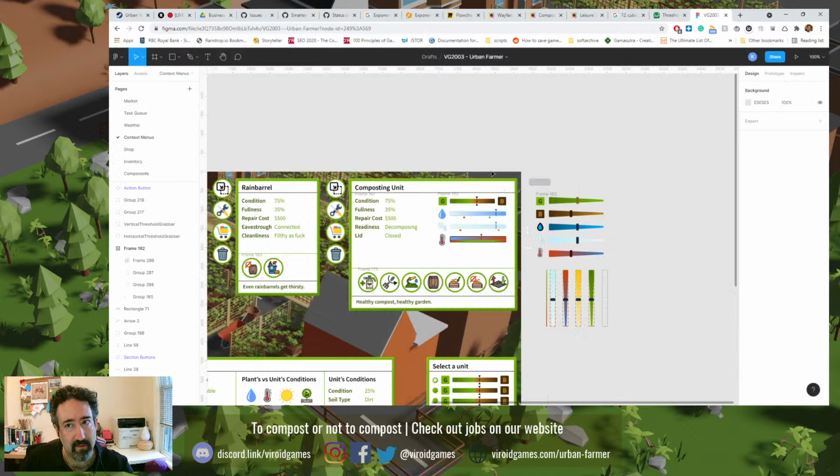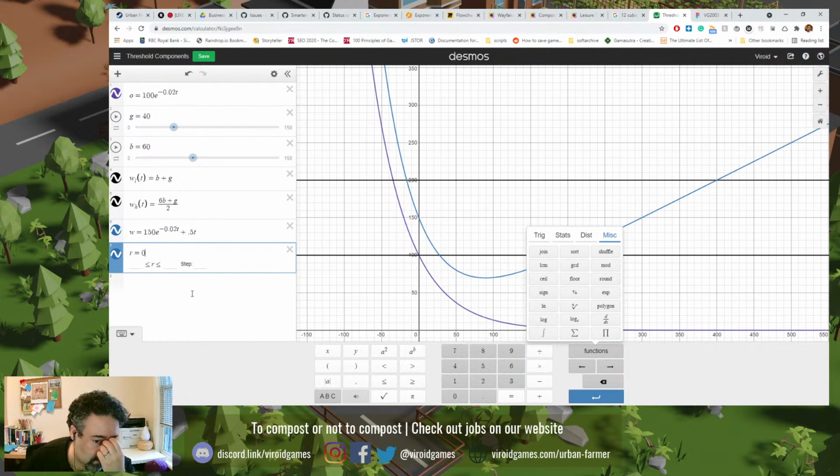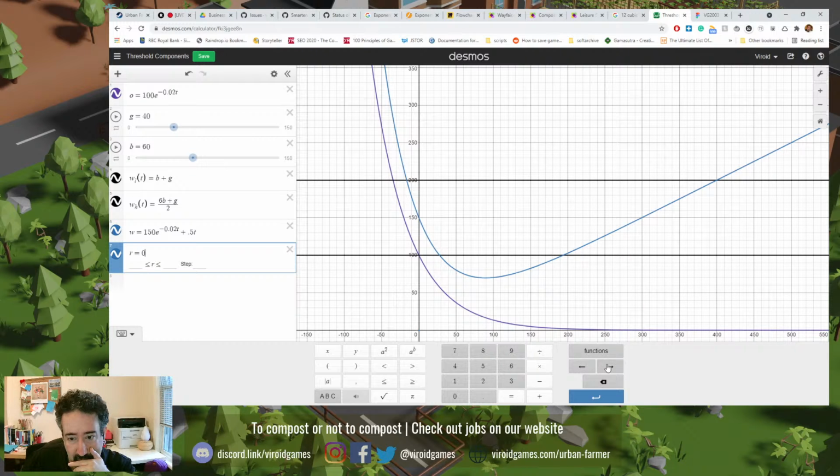I think I'll do it with the basic range. Say something like this. R is 0. Double check again. There's something like a checkbox. Actually more here. Click this.